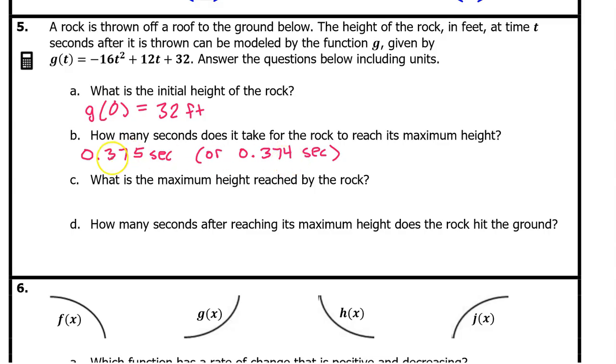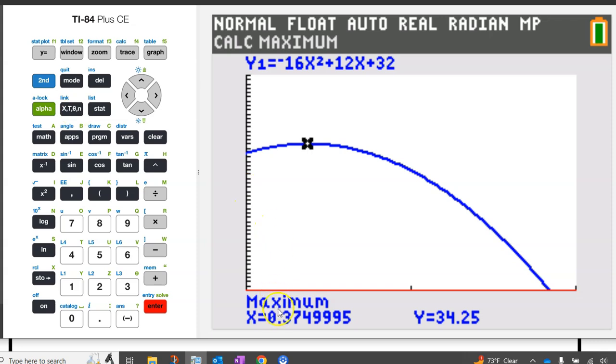However, I think we are going to need this value later for part D. To avoid a rounding error, I don't want to use this rounded version of the answer. I want to use all of the many decimals that we saw on the calculator. So let's store this value with all of its decimals into a letter on the calculator. So to do that, go ahead and quit out of here.